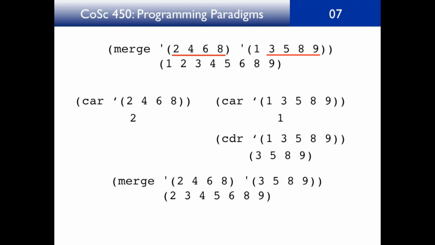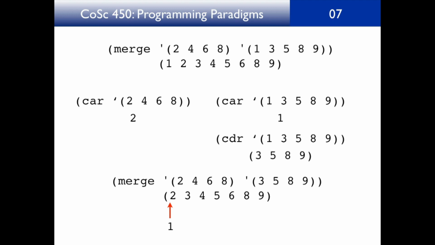That's going to give us what? 2435689. And all we have to do with this is cons the what? The 1, yeah, the car. Now, can you say what gets returned in this situation?